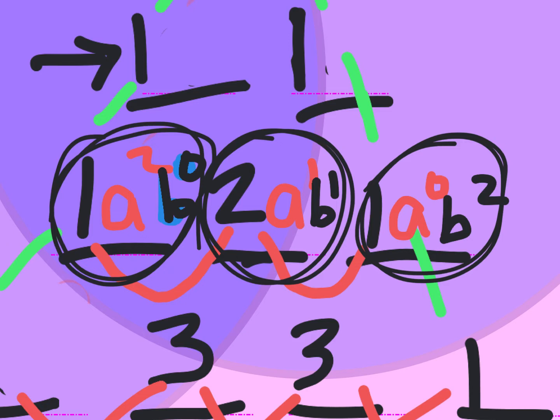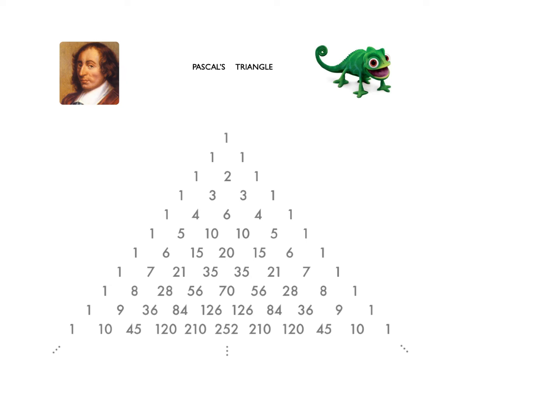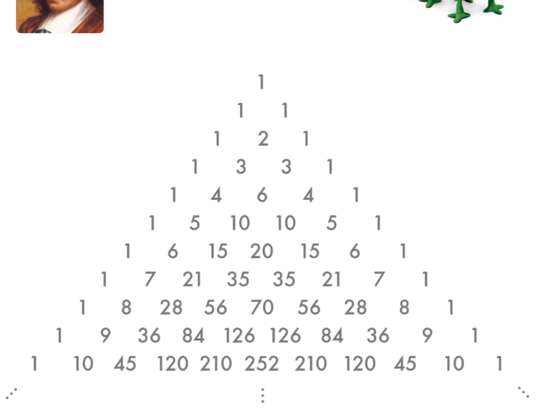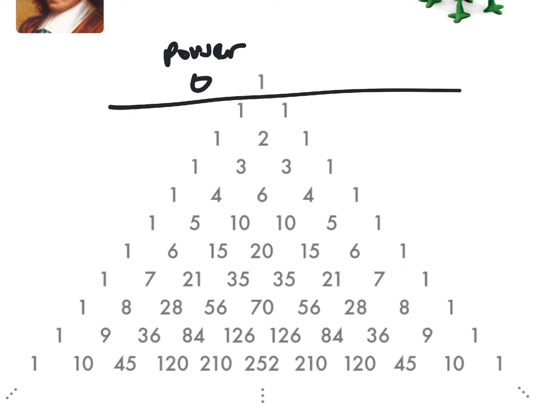Okay. I want to go to Pascal's triangle now. Everybody go here. And I'm going to say, if this had been to the 0 power, you would have just had a 1. This is the power now. So if this had been a plus b to the 0 power, the answer would have been 1.